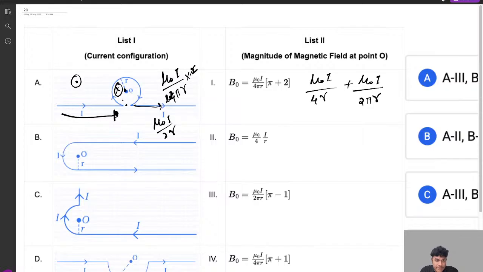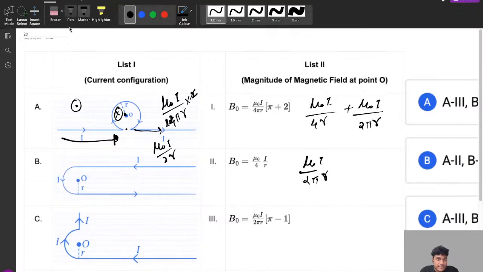So we have to subtract these. If we take it as positive, then due to the semi-infinite wire it is mu naught I upon 2 pi r. Due to both the wires, that is mu naught I upon 2 pi r.